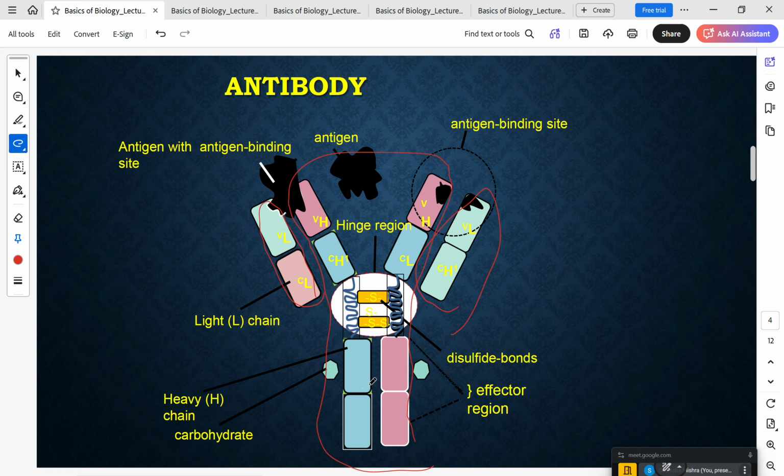These two halves are bound by disulfide bonds. This area is known as the effector region, and it is also the constant region. When antibodies are produced, most of them have this region constant, whereas this region is the antigen binding site.